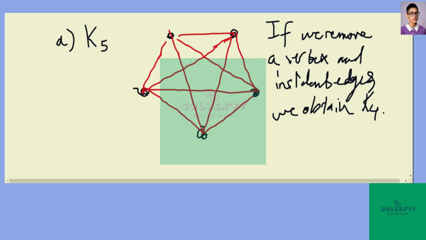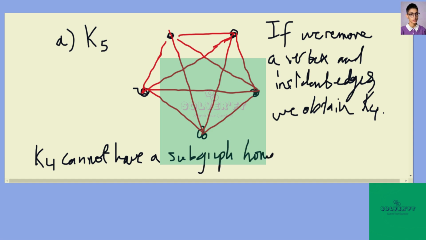Now, we know that K4 cannot have a subgraph homeomorphic to K3,3, because K4 only has 4 vertices, and for a subgraph homeomorphic to K3,3, we need to have at least 6 vertices.